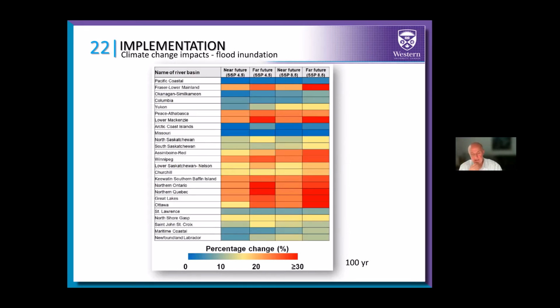The flood inundation. First, you see this. This is called a heat map that shows by the red color what is the potential change. These are the different scenarios: near future, far future, mid scenario, and more extreme scenario. And if you look at, let's say, the Ontario streams, we are noticing, for example, that the inundation may increase up to 30% for the more severe, about 20–25% for the mid-range future scenario.